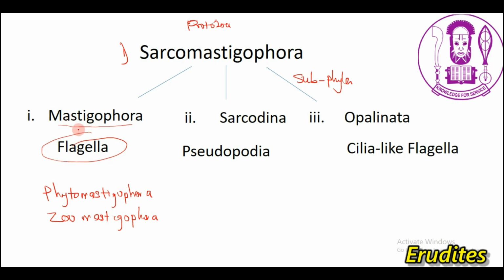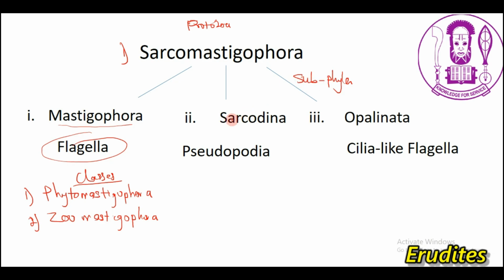These are protozoa that move with the help of a flagella. They are divided into 2 classes. One, the Phytomastigophora, and two, the Zoomastigophora. These are plant-like flagellates, and these are animal-like flagellates.